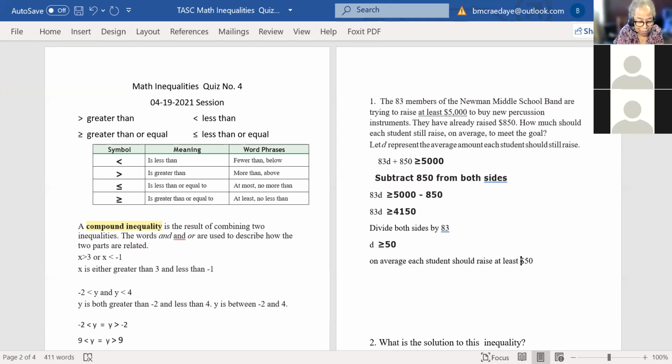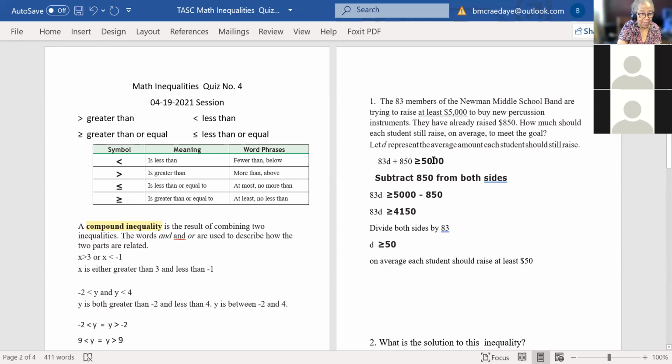Questions? All right. So this one you had to set up the inequality, but your key for your inequality symbol is the phrase at least. That's why I gave you this little reference sheet. When you see at least, or even no less than, that means greater than or equal. So you can go ahead and put your symbol here. Now, they must raise at least 5,000.